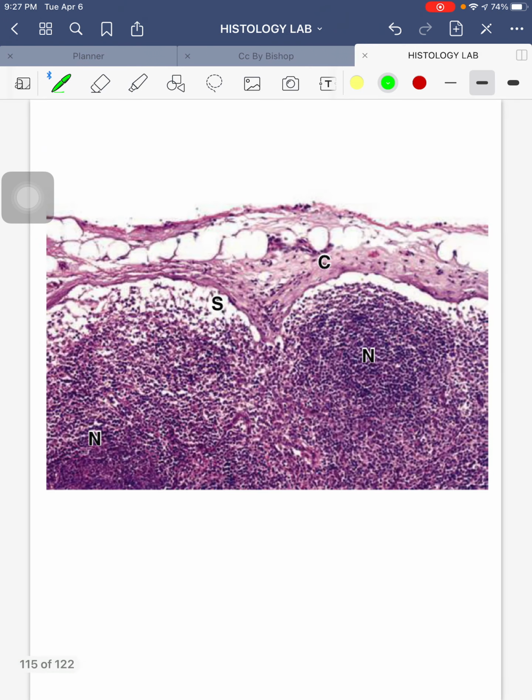Okay? So here, capsule, subcapsular space, so below, subcapsular space, or sinus. So lymphatic nodule present. So if ever there's a question, identify the area pointed at or the region pointed at, you will answer cortex. Identify the structure pointed at, lymphatic nodule.